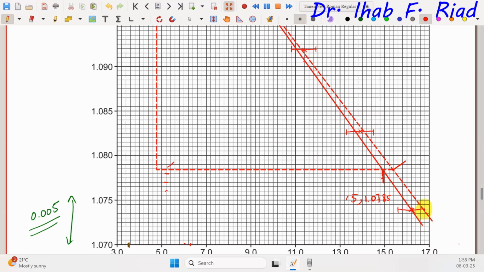Yes. If you don't like to count, do it like this. 1.075 plus 0.005. How many small squares? 1, 2, 3, 4, 5, 6, 7.